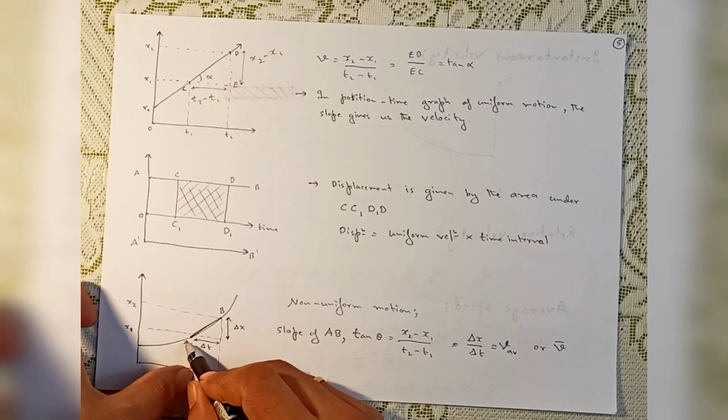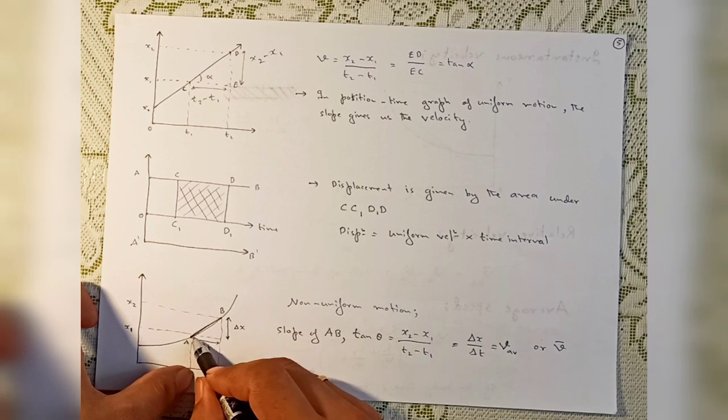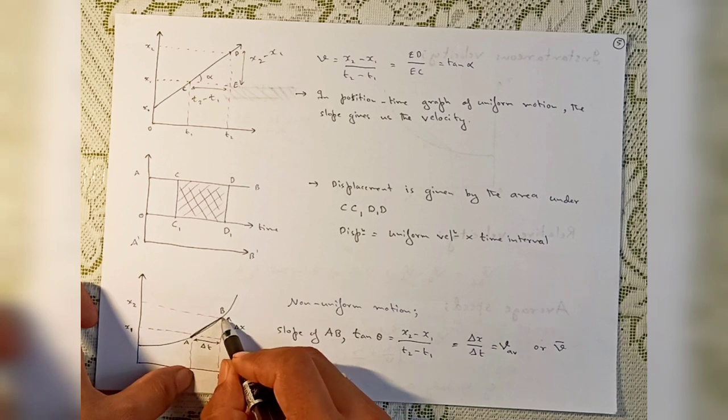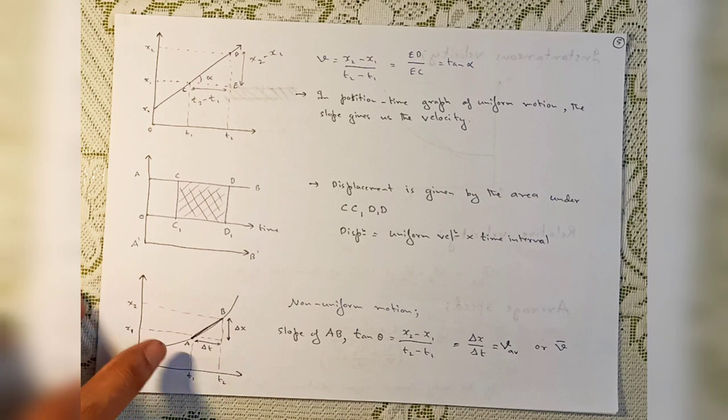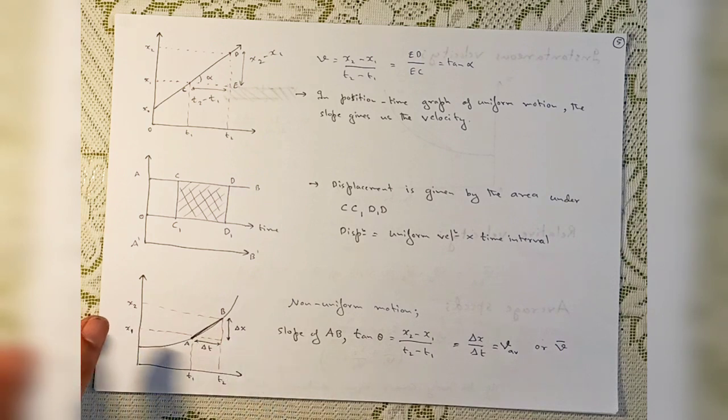and this line is increasing in an exponential way. But when you draw a straight line from this point to this point, which is AB, that is going to give us the average velocity. The slope of this line is going to give us the average velocity.